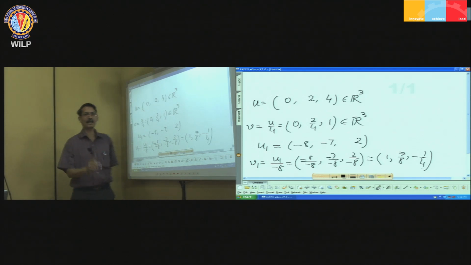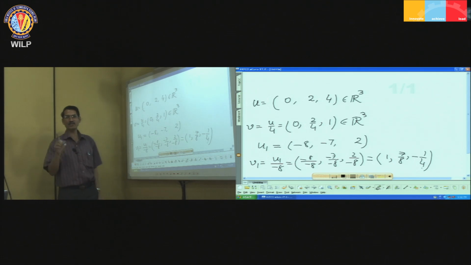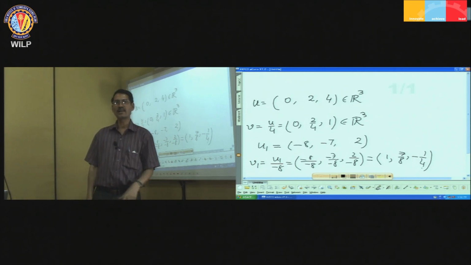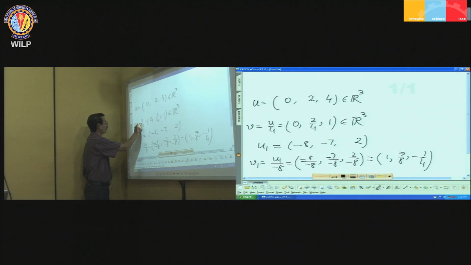Okay, so I believe that the idea of a vector which is in normal form or normalized form should be clear. So, in the power method, if you are going to calculate A into u0, check whether it is in the normalized form or not. If it is in the normalized form, it is well and good. If it is not, normalize it. Here I have divided by 4, and this 4 is called the normalizing factor.